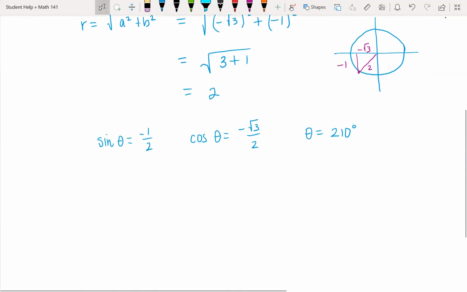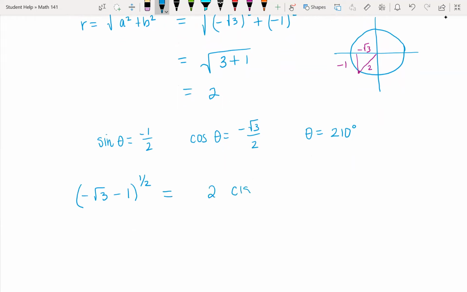So the original that we were given was, we're taking this number and we're raising it to the 1/2 power, which means taking the square root. So instead, we're going to rewrite it as 2 times cosine 210 degrees plus i sine 210 degrees, raised to the 1/2 power. We're going to write it in trig form instead.